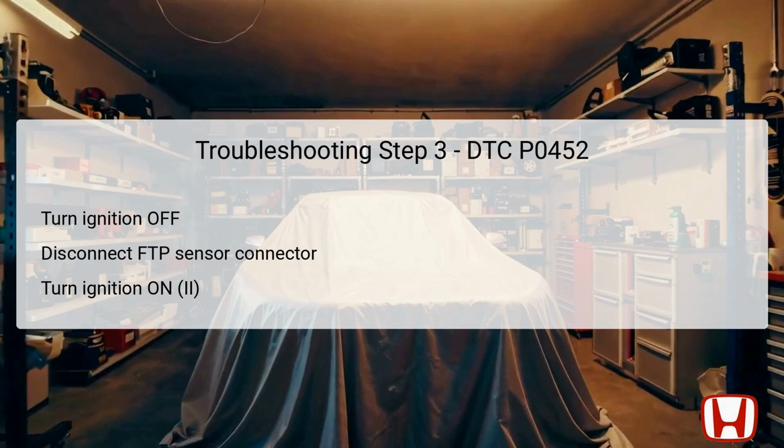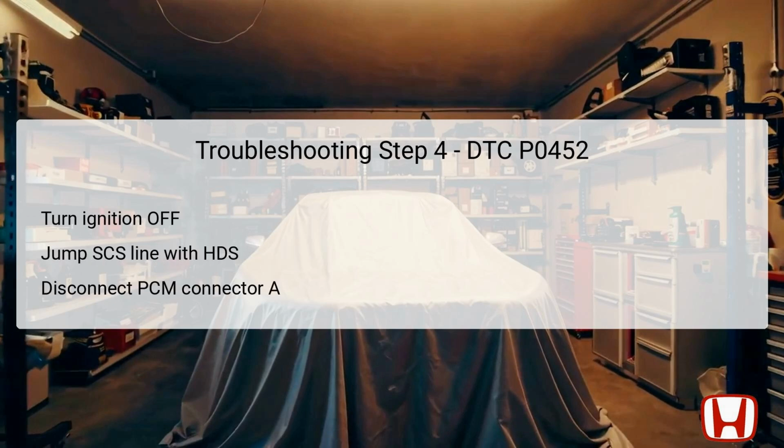With the FTP sensor now disconnected, you will check the voltage readings at the HDS to ensure they fall below the specified threshold of 0.3 volts. This will help determine whether the fault lies within the FTP sensor itself or elsewhere in the system. If the parameters do match the malfunction descriptors, it indicates a deeper issue that necessitates further investigation.